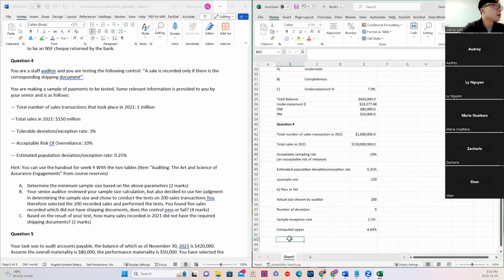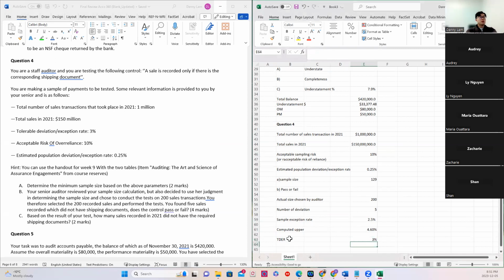So let's say the TDER is 3%. Then that's why Lee would fill it in, because this is 4.6 and you're only allowing yourself 2% of error. Okay, any questions for that?